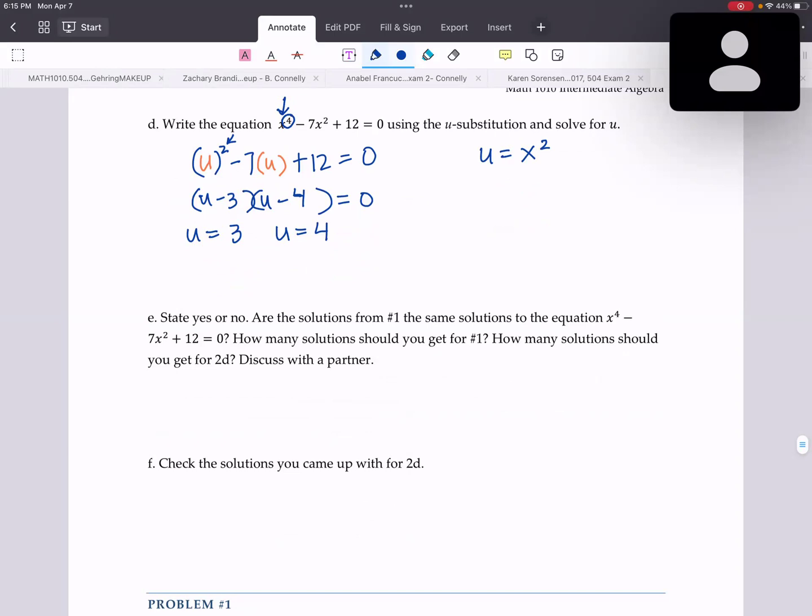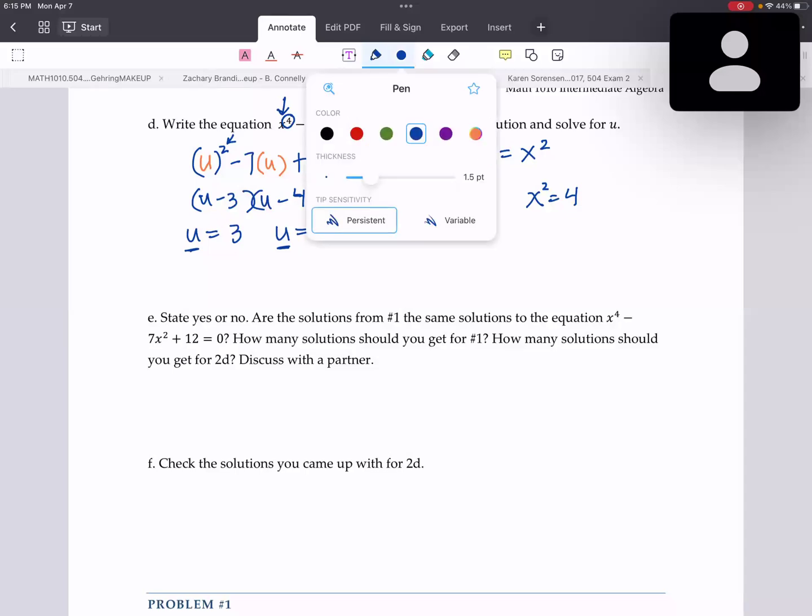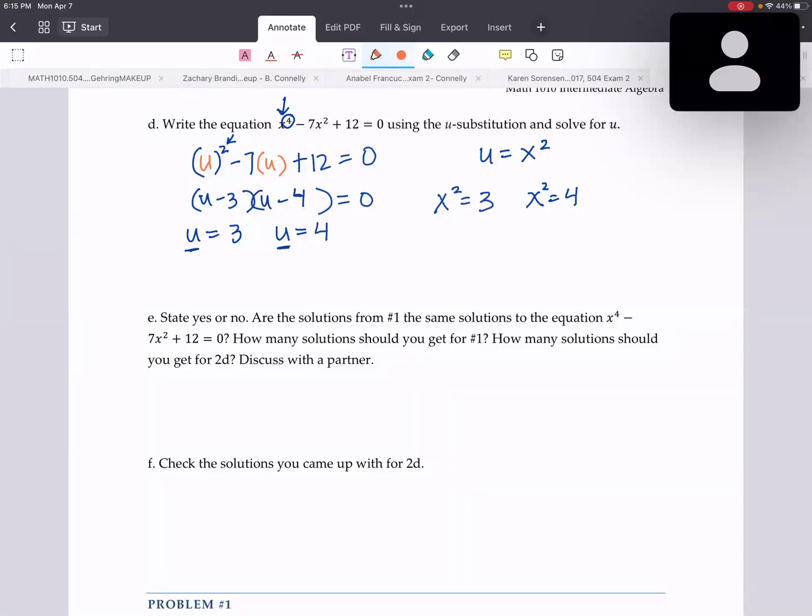So if I take these u's here, and in place of those u's, I'm going to put x squared. So I'm going to have x squared equals 3, and I'm going to have x squared equals 4. And then we talked about solving those using that square root property, because we have that x squared part by itself.